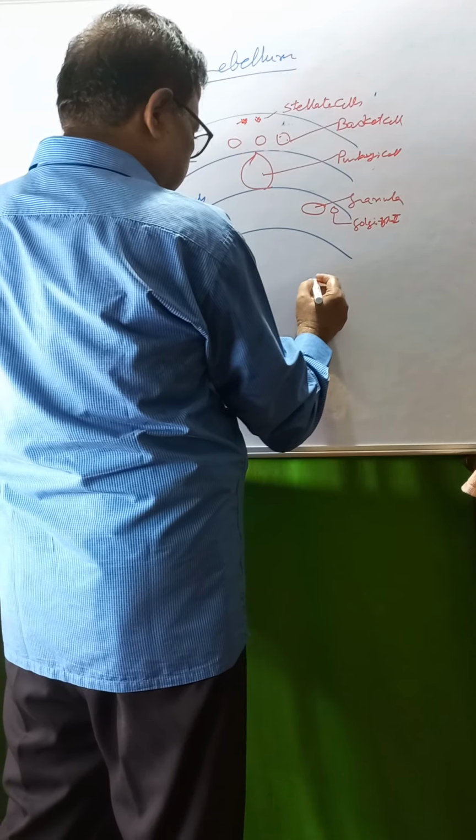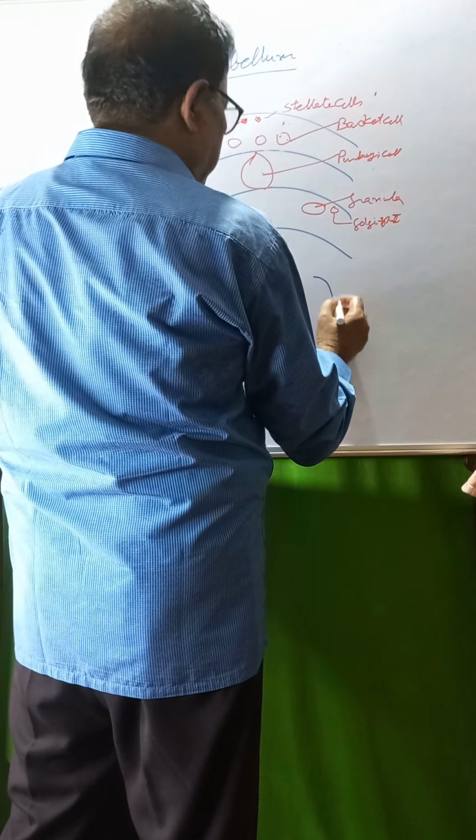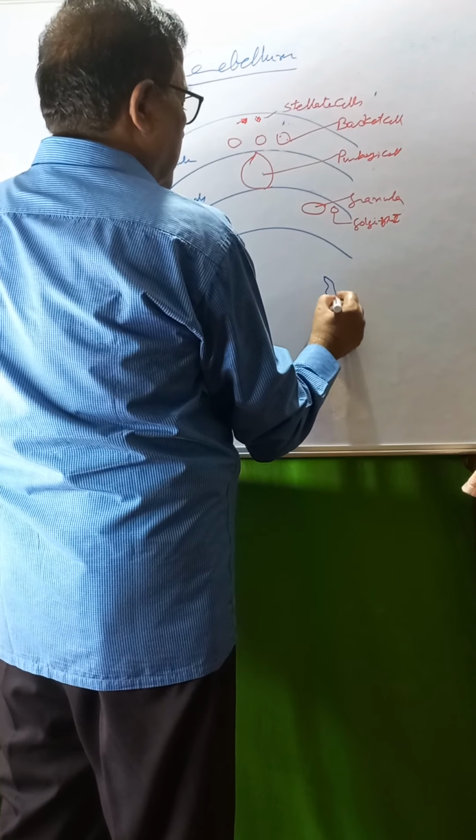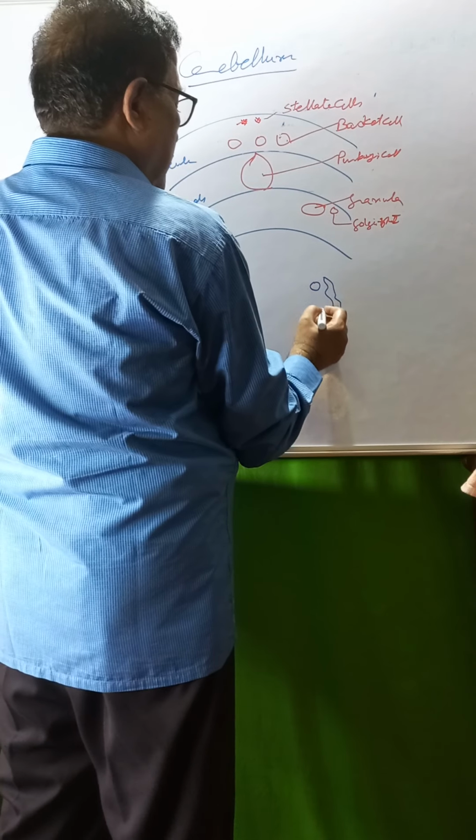In the white fibers there are deep cerebellar nuclei. There are four in number.